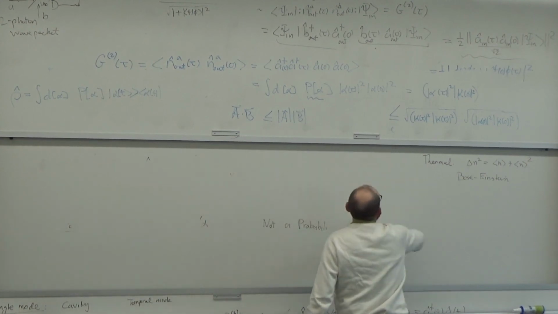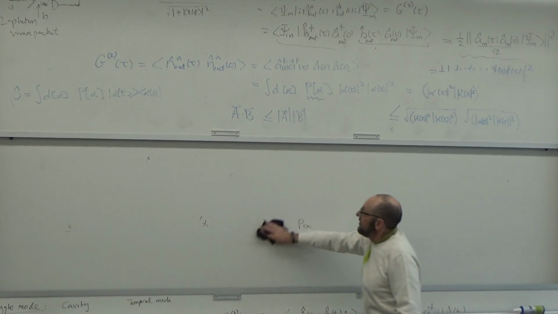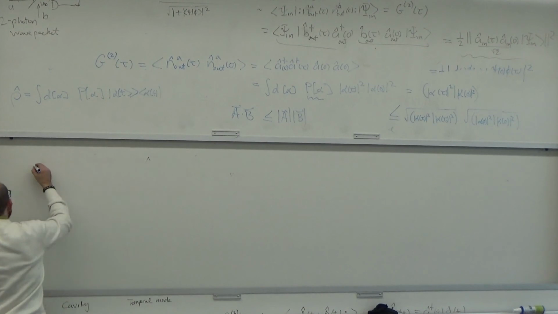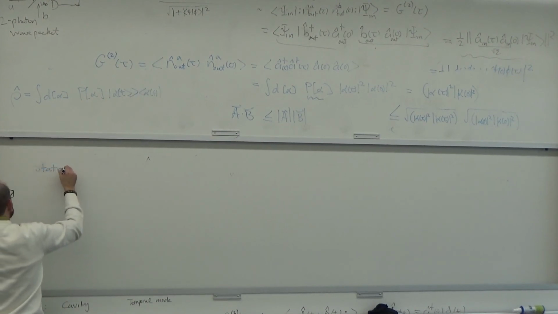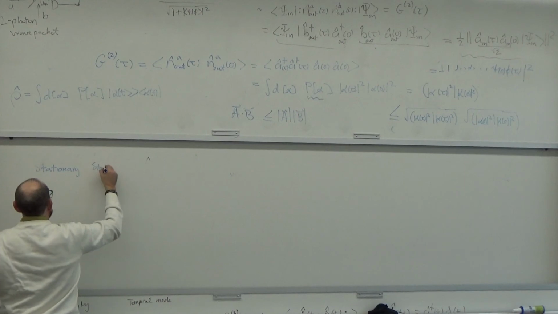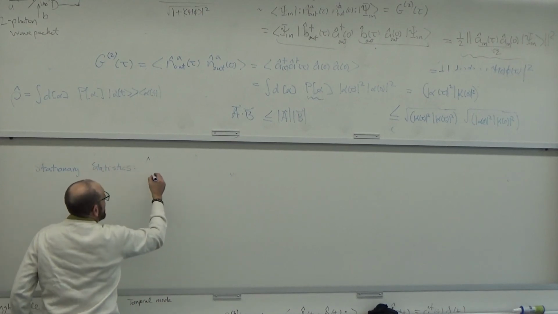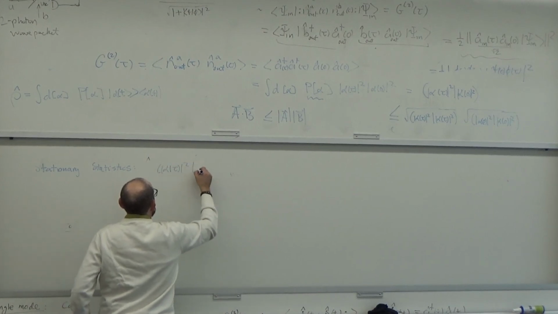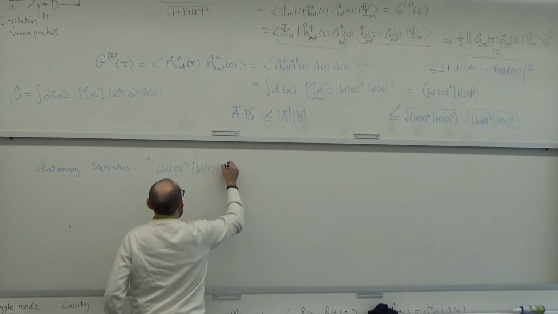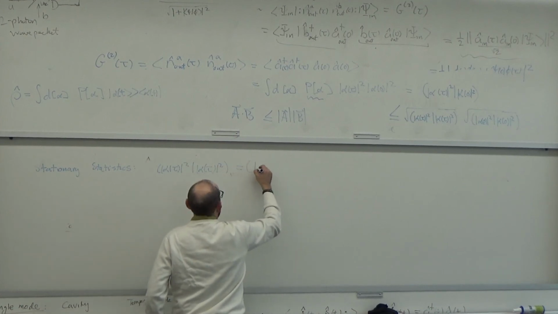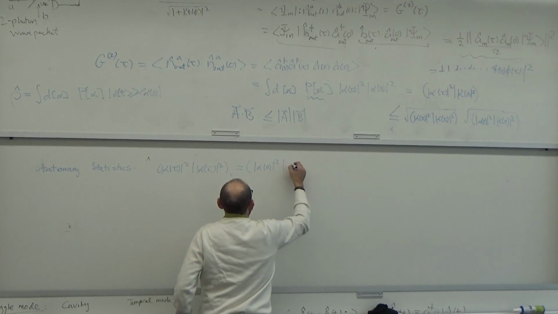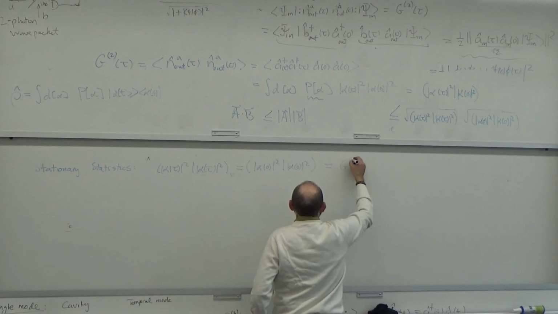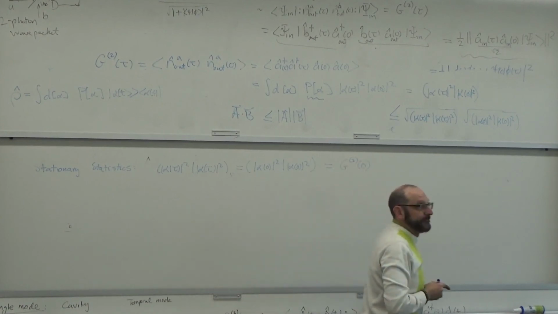But if I have stationary statistics, then the inner product of this with itself is equal to the inner product of that with itself, because it only depends on the time difference, which is equal to G2 at 0.